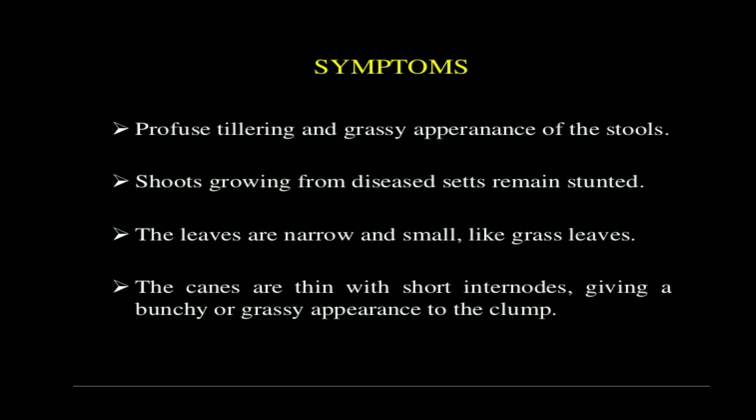But if it is infected by this mycoplasmal disease, then the internodes, the internode meaning the region in between two different nodes, will become shorter, and thus plant height will be reduced, and ultimately the crop will also be affected. So the short internodes result in a bunchy or grassy appearance of the clumps, right? These are the major symptoms shown by the infected plant.